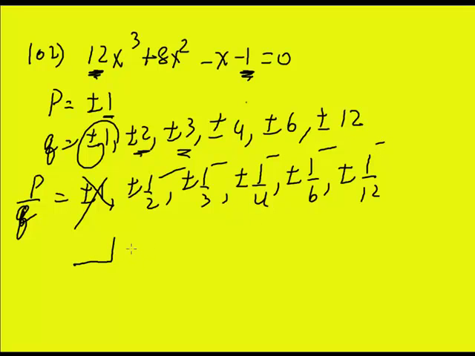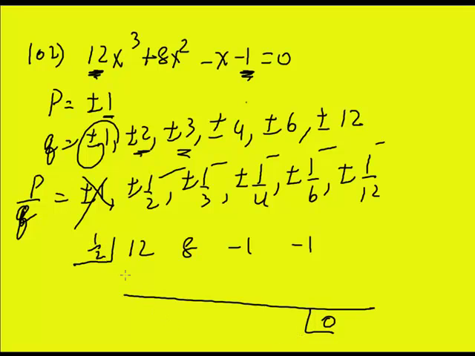Using synthetic division, I have a 12, 8, negative 1, and negative 1, and then I need to get a 0 right there. So you tell me what number should I pick? Huh? 1/2? Okay. 1/2. 12. Multiply. 6. Put it right there. Add them together.